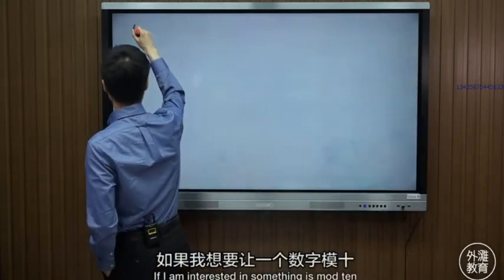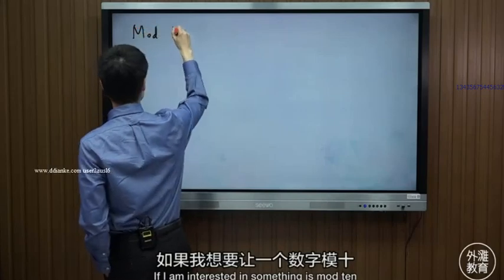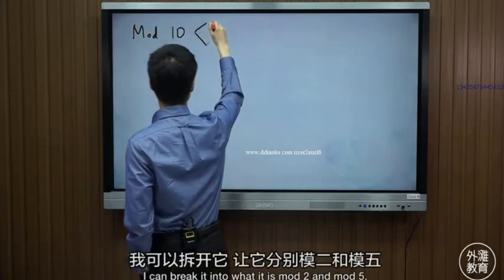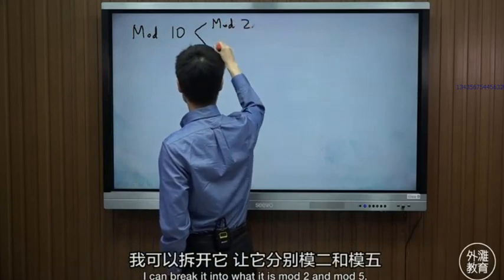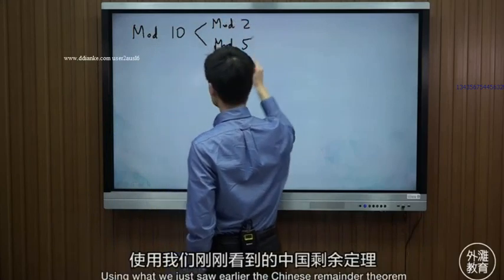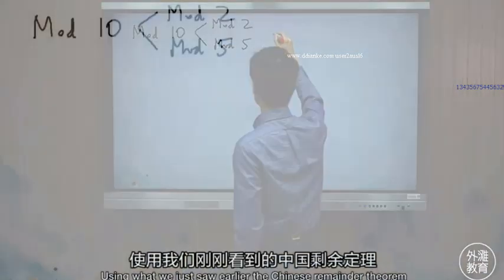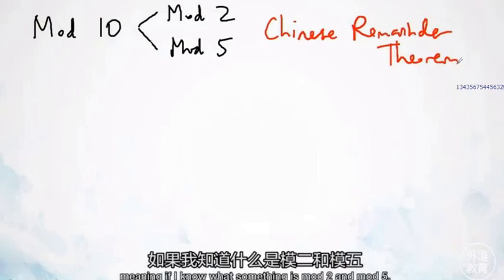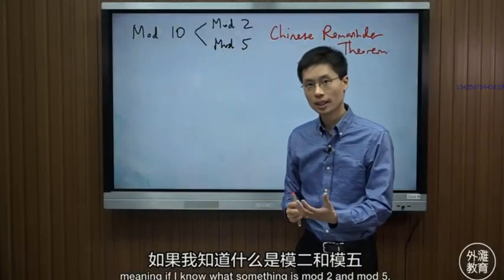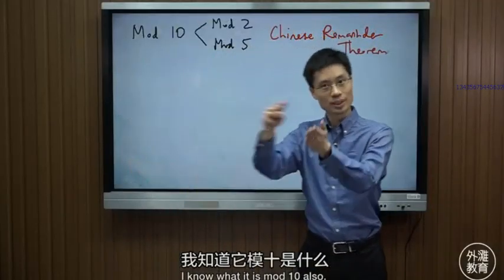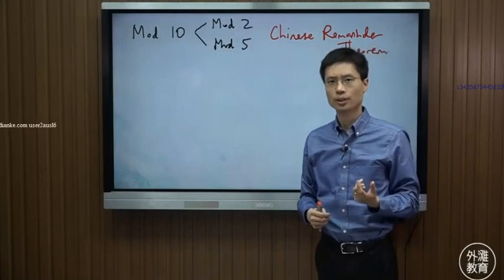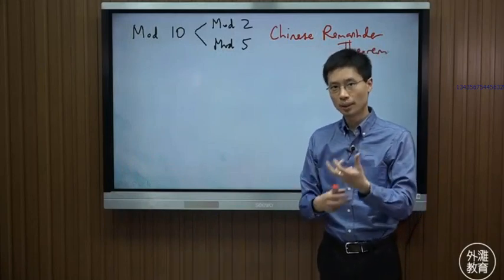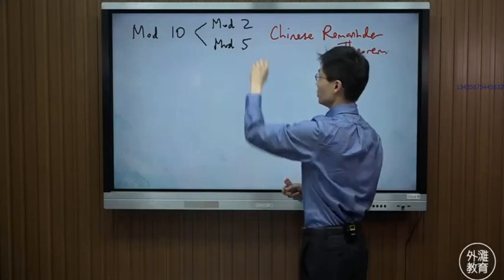If I'm interested in what something is mod 10, I can break it into what it is mod 2 and mod 5 using what we just saw earlier, the Chinese remainder theorem. Meaning, if I know what something is mod 2 and mod 5, I know what it is mod 10 also. So I should look at how this repeating pattern is happening, mod 2 and mod 5.